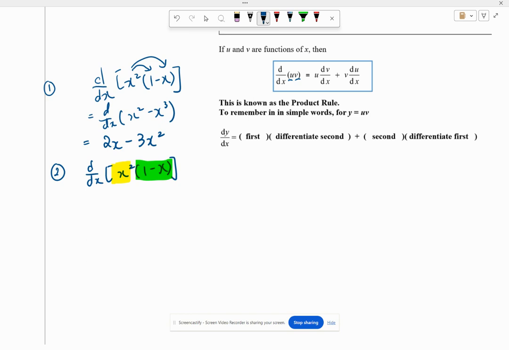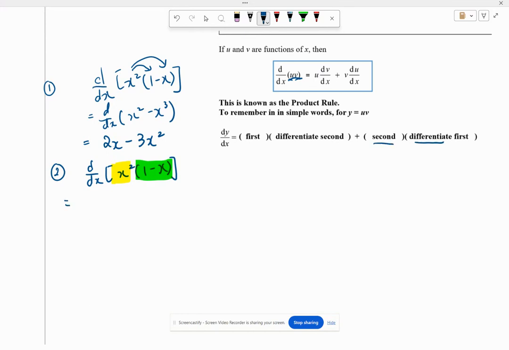So if I want to apply product rule and differentiate u times v, we apply this product rule, which is u dv dx plus v du dx. So if I put it in simple words, it is the first one times differentiate second plus second times differentiate first.